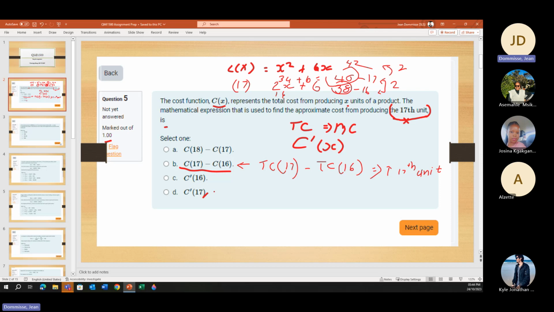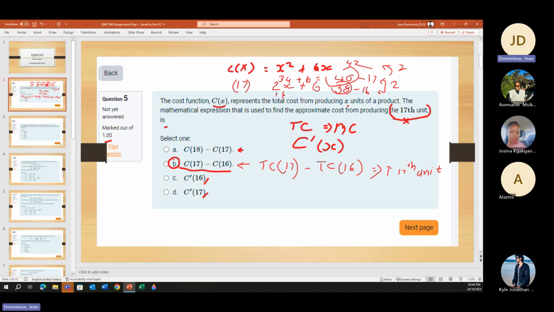This one will give us our marginal cost with 17 units. This one will give us our marginal cost in manufacturing 60 units. This will give us the increase for the 18th unit. So then I will probably go with B, because we're only looking for the approximate cost from producing the 17th unit, not the rest of the units.